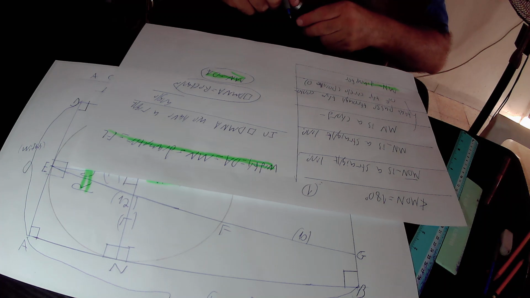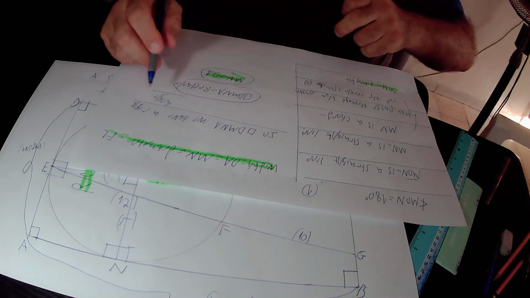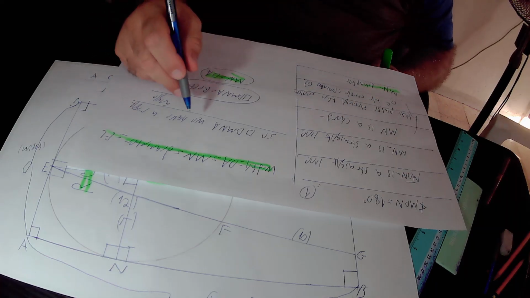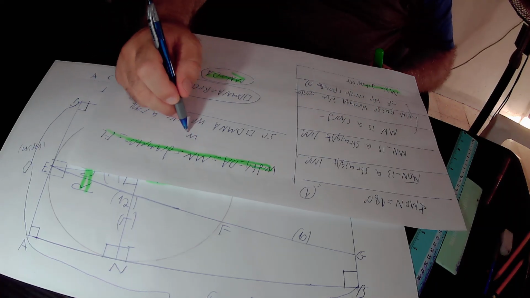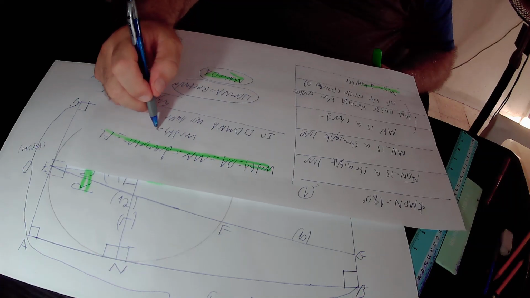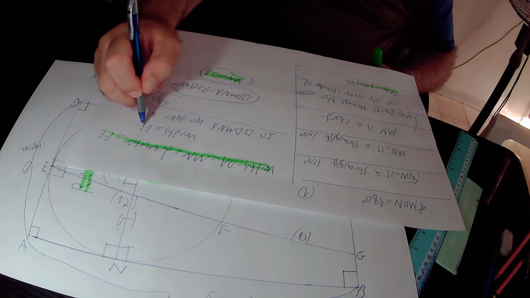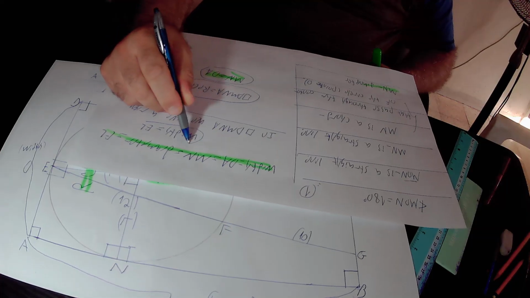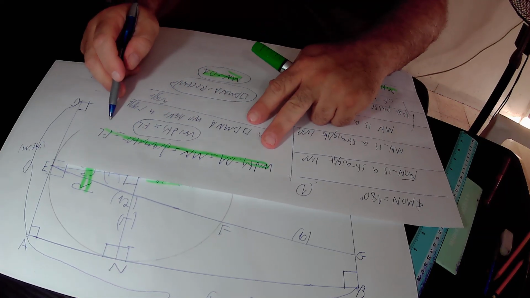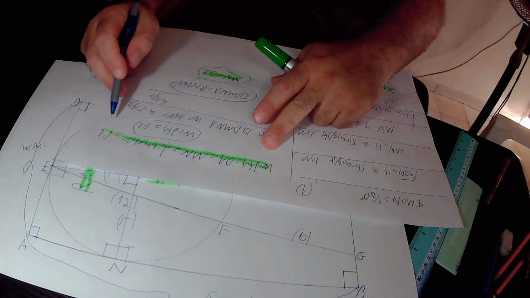We will derive that the width of rectangle ABCD is equal to EL. Okay, the width of rectangle ABCD is equal to EL, or EL is the width of rectangle ABCD.